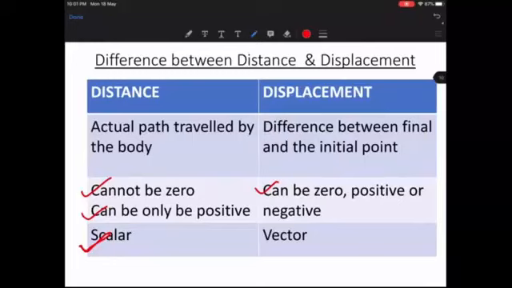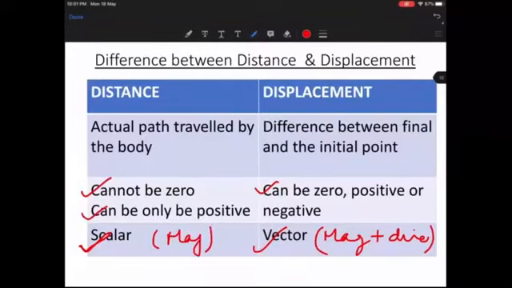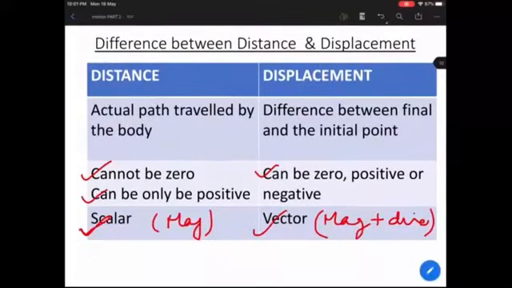However, in the case of displacement, we always say that I have moved 50 kilometers towards north or towards east. So this is your vector quantity. Vector means it has both magnitude plus direction, but in the case of distance, it has only magnitude. Fine. So is the difference between distance and displacement clear to you?